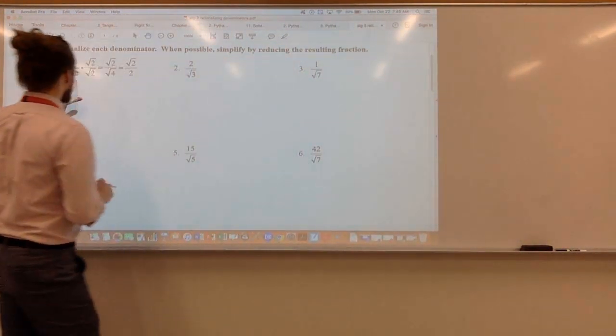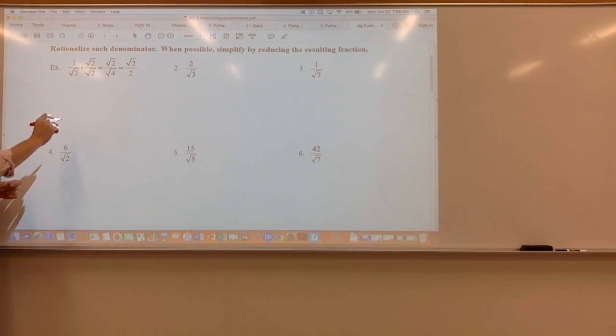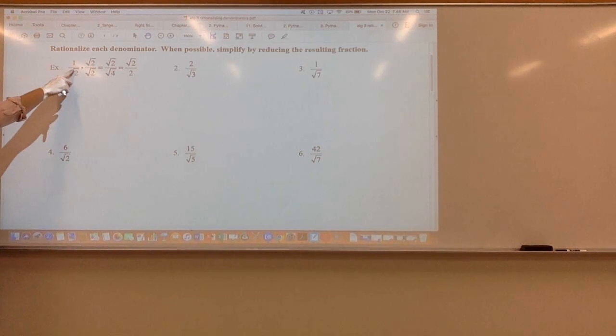So in this first example here, our original number was 1 over the square root of 2. We can't have square roots in the denominator. To get rid of square roots in the denominator, what I'm going to do is multiply both the numerator and denominator of that fraction by whatever that square root was.